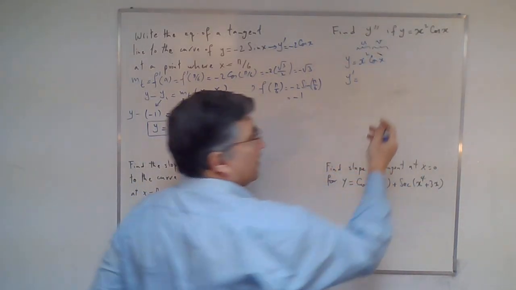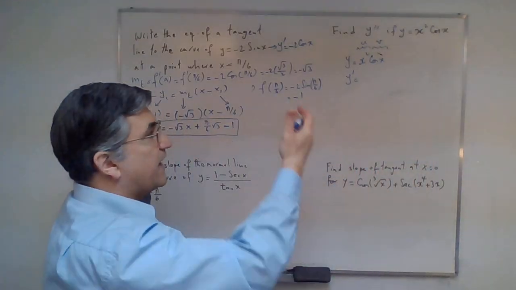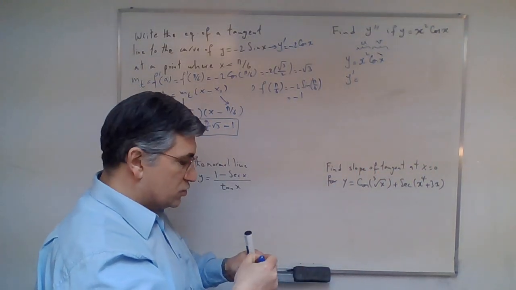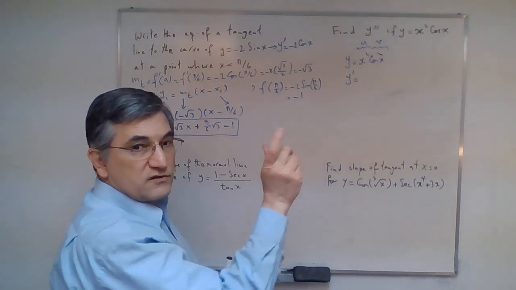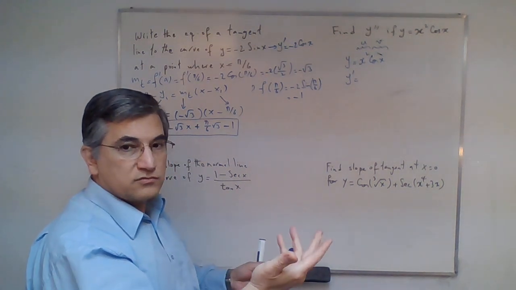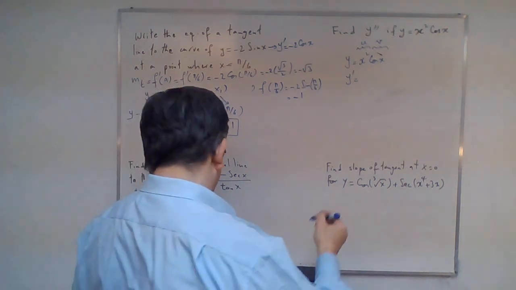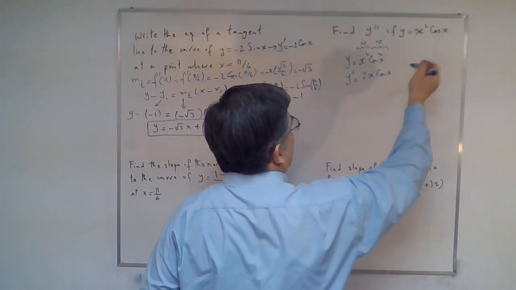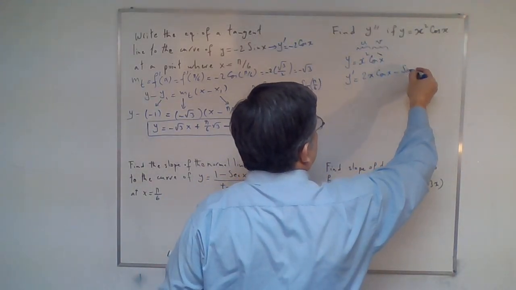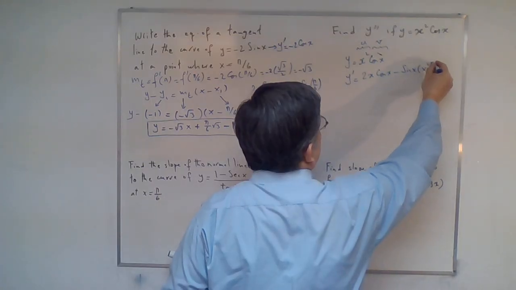So this reminds me of u times v. That is a product. You should be recognizing these products by now. When you have the product of two functions, you're going to apply product rule. Okay? So derivative of first times second plus derivative of second, which is negative sine x, times first.